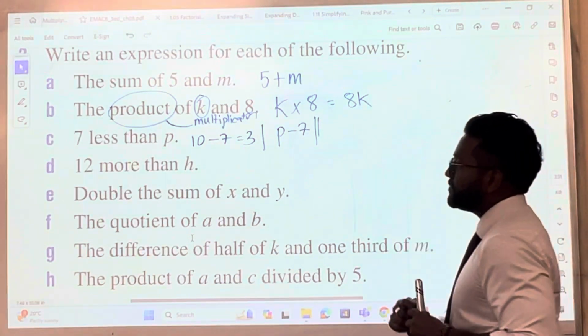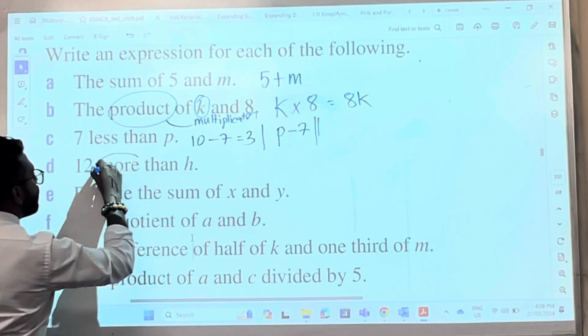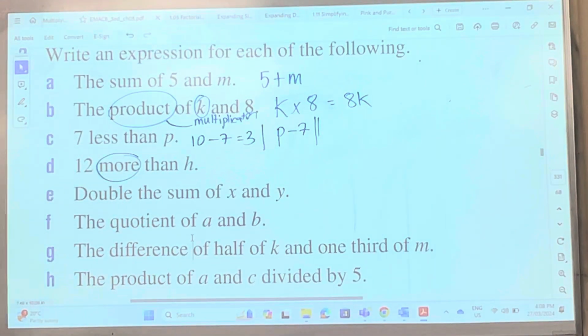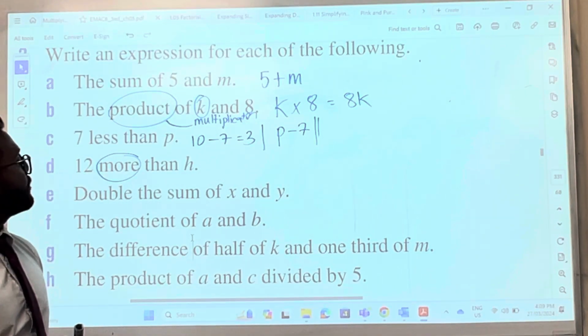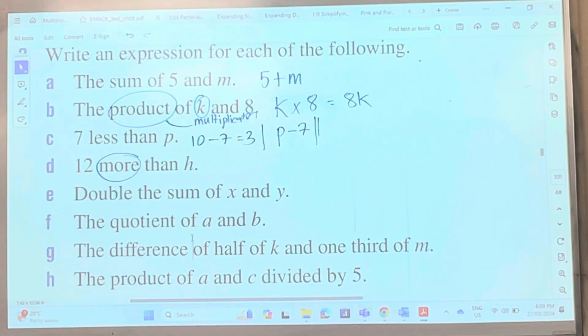The next question says more. What does the word more mean? If you're struggling to understand that, let me put it in a basic sentence: if James has 10 apples more than Samantha, and Samantha has 5, James has 10 more.